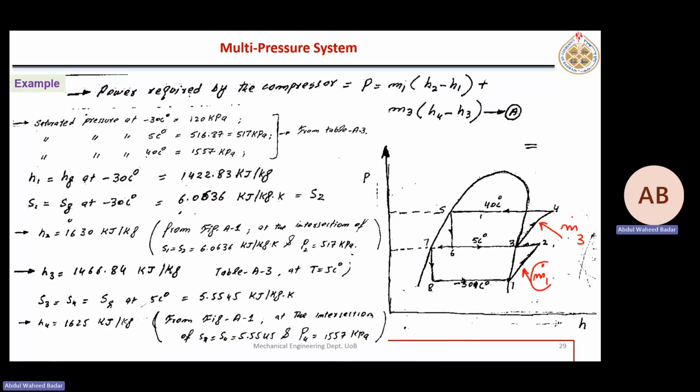How to calculate m dot 1? This is minus 30 and its capacity is also given. I think 200 kilowatts. This is 200 kilowatt capacity and this one I think 180. This is the refrigeration capacity. So can I find mass flow rate using this?